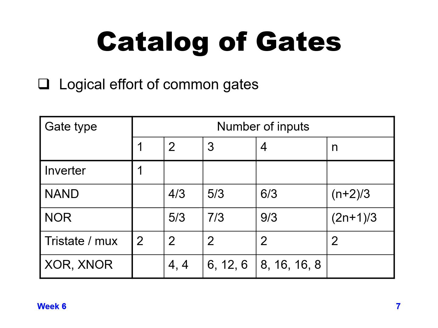It will basically give what the logical effort is depending on the number of inputs, and at least for the NAND, NOR, and tri-state MUX, what the equation is if you add additional numbers of inputs to the type of gate.